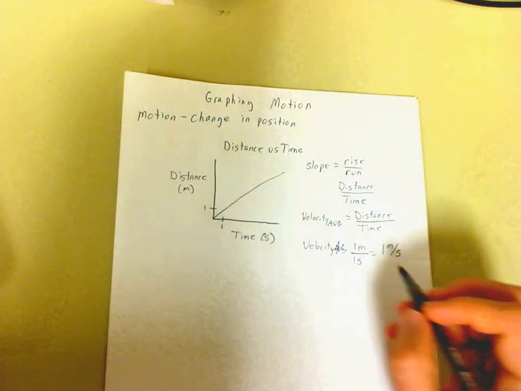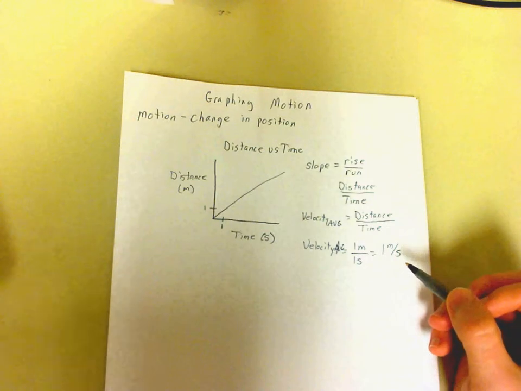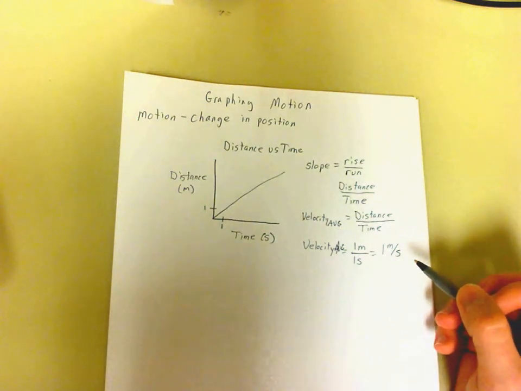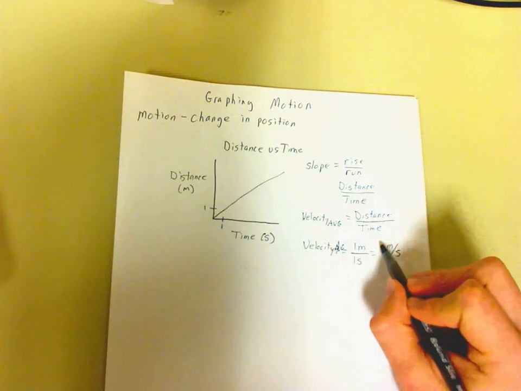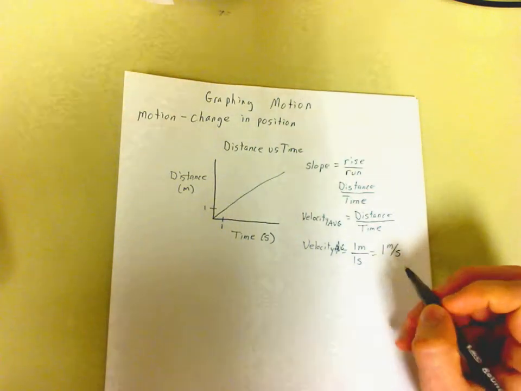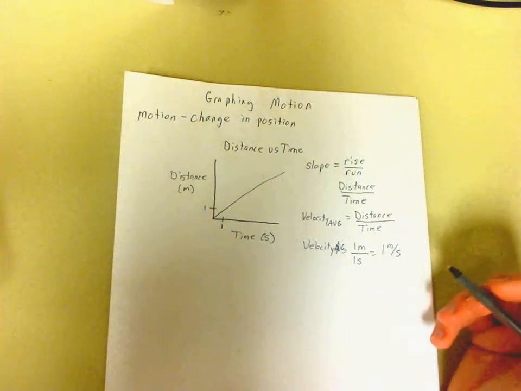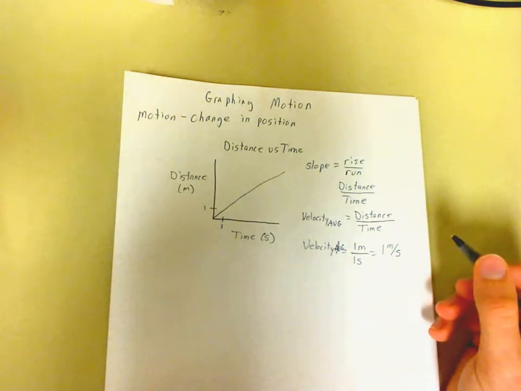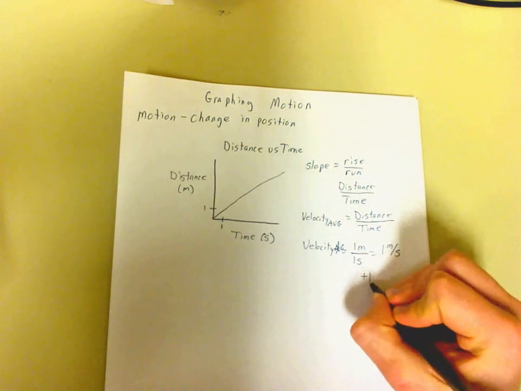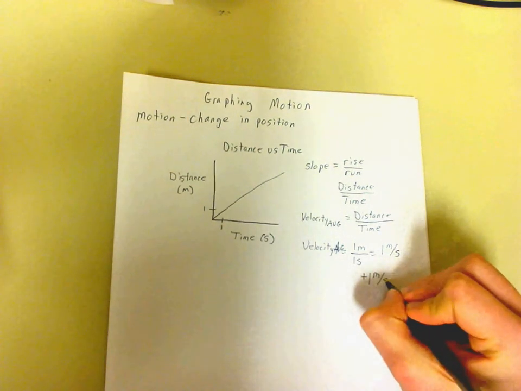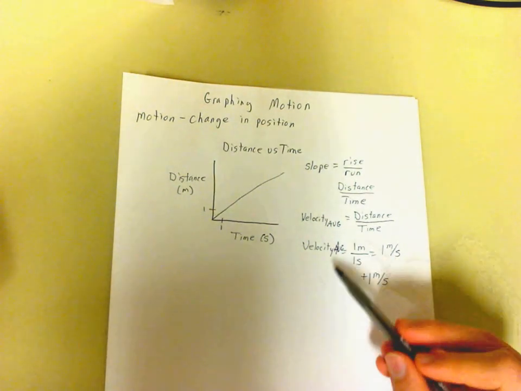But notice that we have a velocity. Remember we said that velocity has both a speed and a direction. So this gives us our speed, but since it's just a number by itself and there's nothing in front of it, we can also say that this is a positive one, or it has a positive direction. So this is our velocity or our slope.